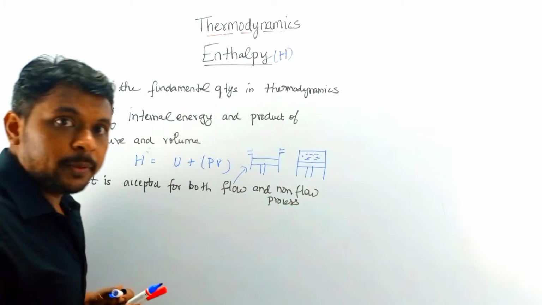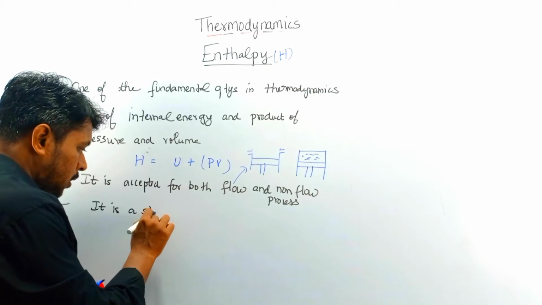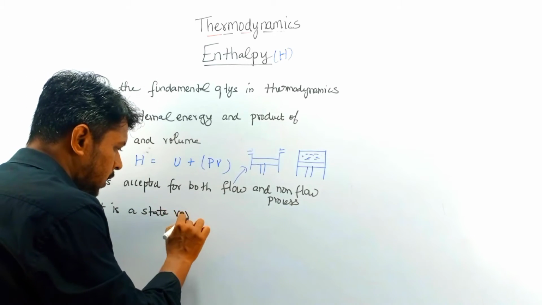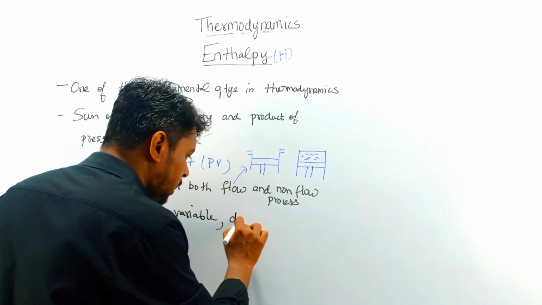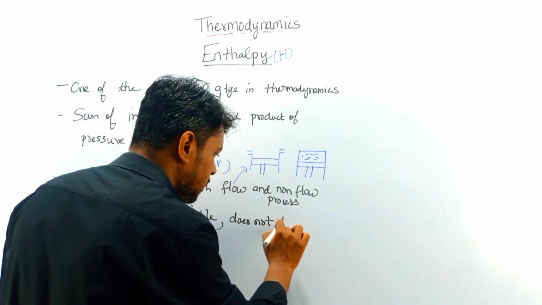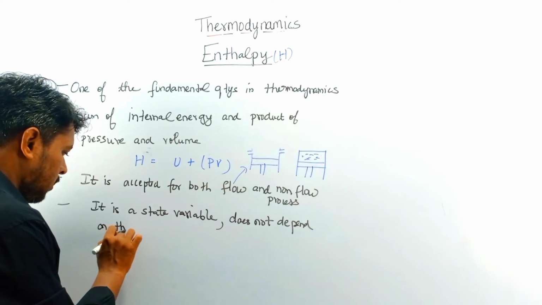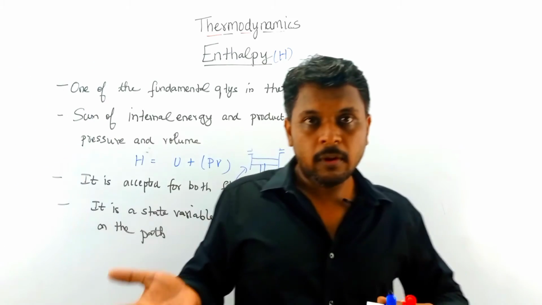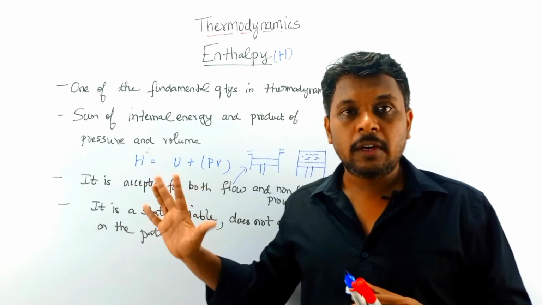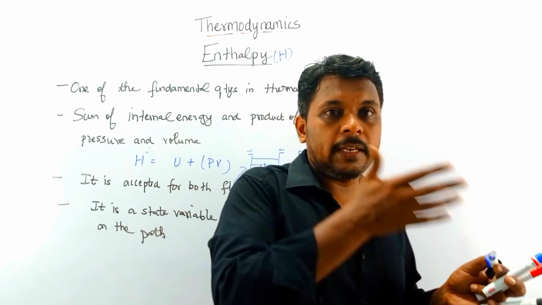Next, enthalpy is a state variable. It does not depend on the path. It is a state function. It does not depend on the path taken when it moves from one state to another state.